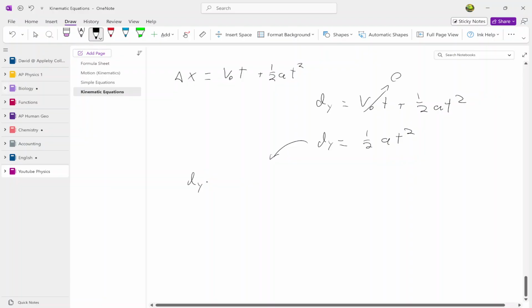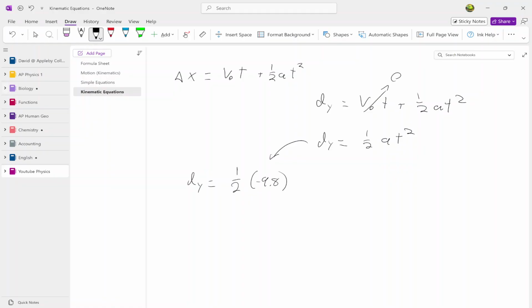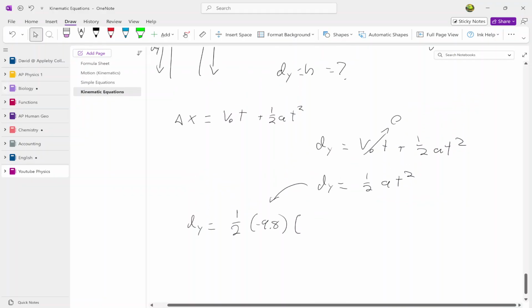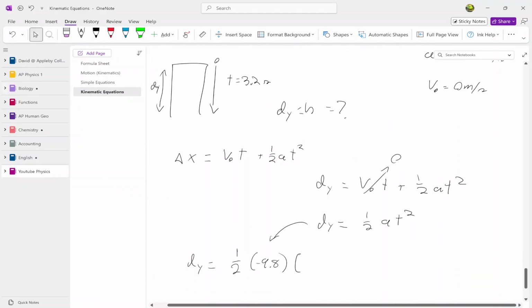So dy, or displacement and the height, really, equals 1/2 of 9.8 times 3.2 squared.